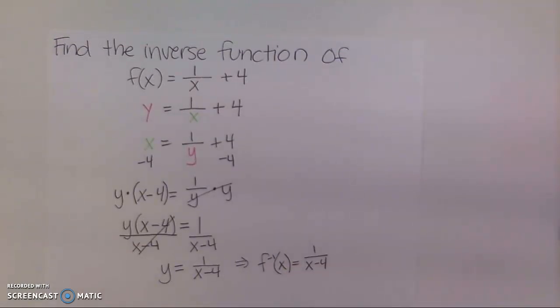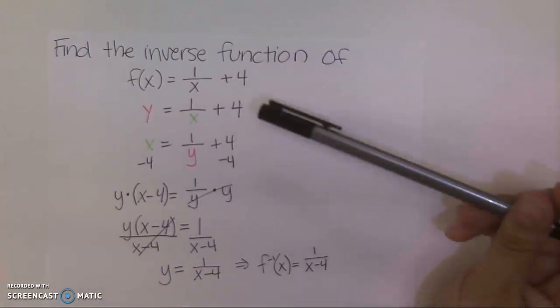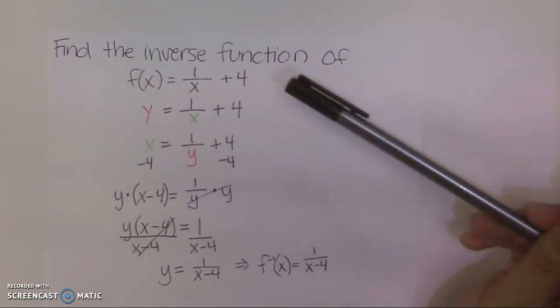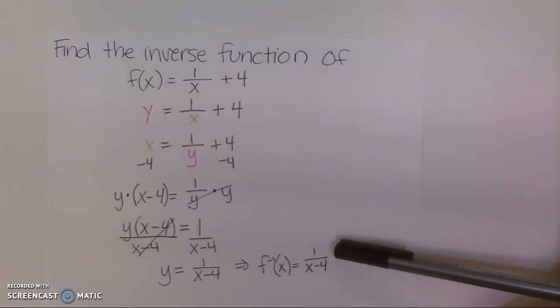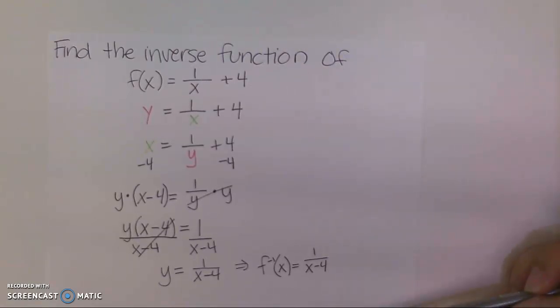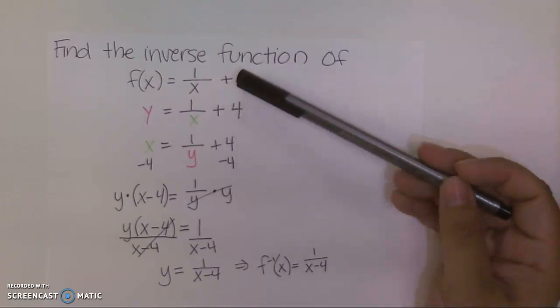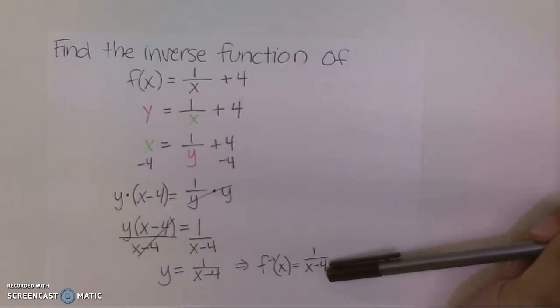I want you to take note of something real quick just to recognize this pattern. The pattern is, look at where the 4 is from the inverse function to the function, and look at the sign of that 4 from the inverse function to the function. This will hold true for pretty much any rational function: if it's the k, it will now be the h, opposite sign.